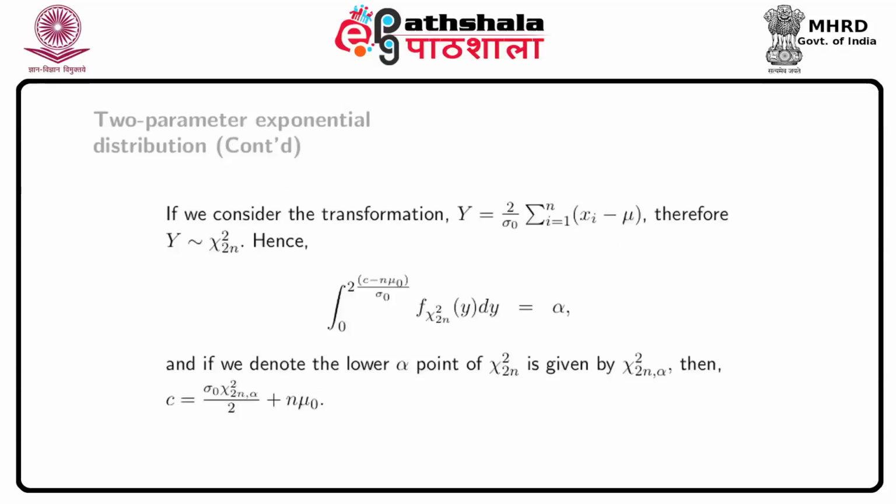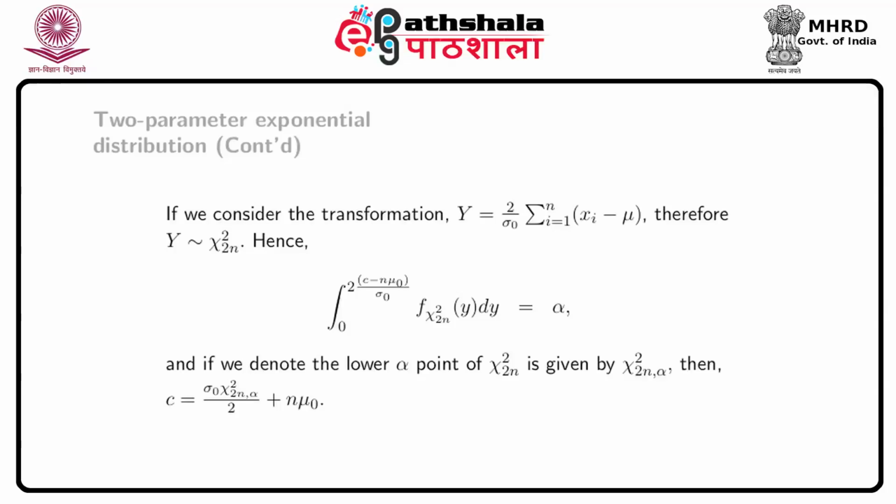which implies the integral over summation xi less than c of p_x(mu naught, sigma naught) dx is equal to alpha. If we consider the transformation y is equal to 2 by sigma naught summation i from 1 to n of (xi minus mu naught), we have y has the distribution equivalent to chi square with twice n degrees of freedom.